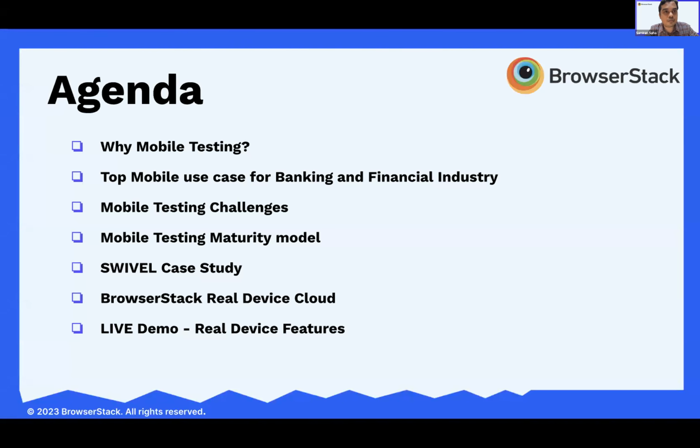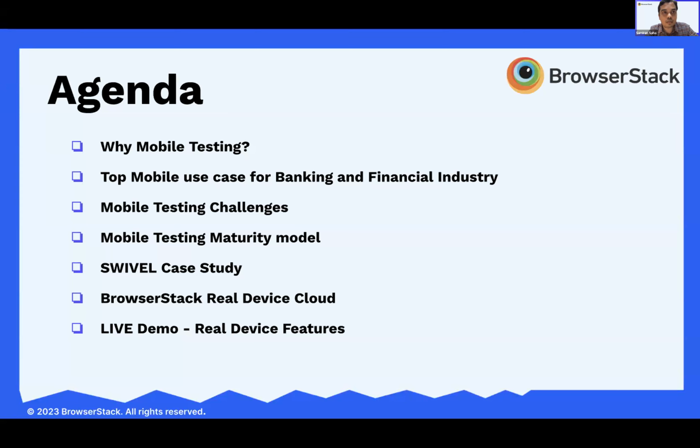Before I hand it over to Nagmani, I'll just give a quick overview of the session agenda. We're going to speak about how mobile testing and device fragmentation cause a lot of hurdles for organizations, and how the mobile testing strategy can be best created and fitted to ensure that organizations are able to scale their mobile testing maturity model.